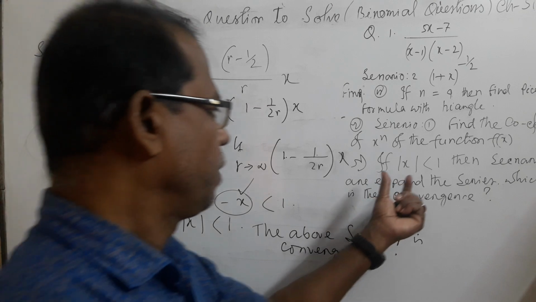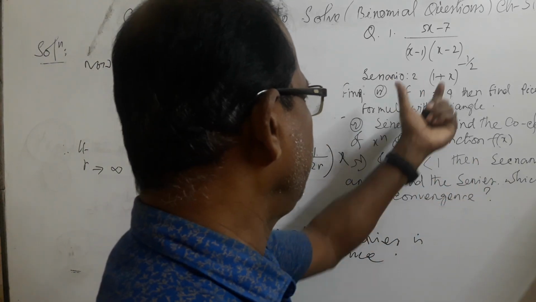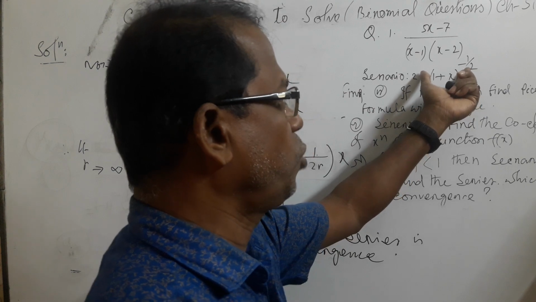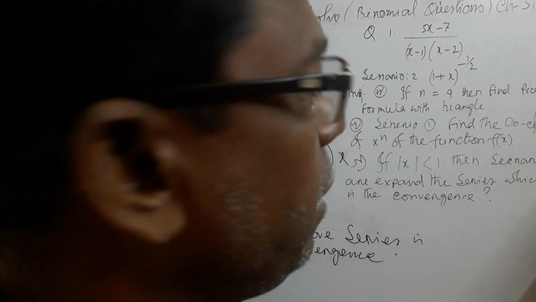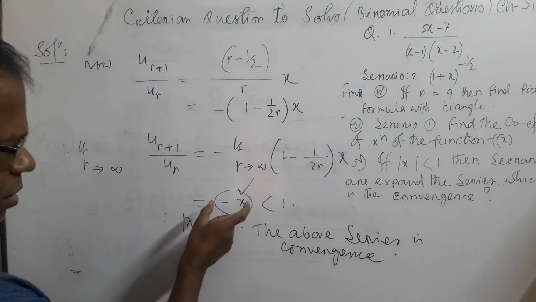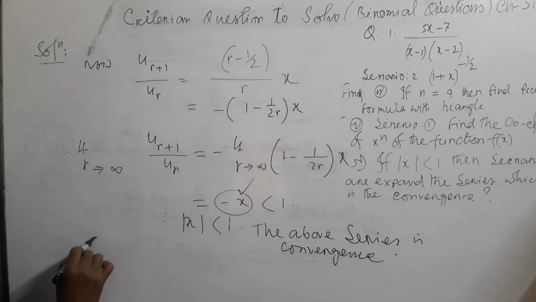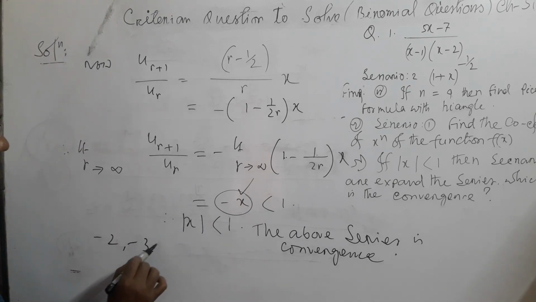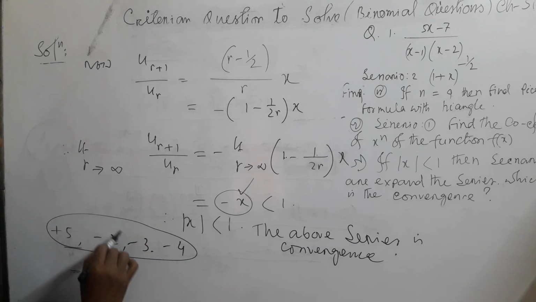So if modulus of x is less than 1, then the above scenario 2 function is convergent. These values are minus 2, minus 3, minus 4 and plus 5, any values.